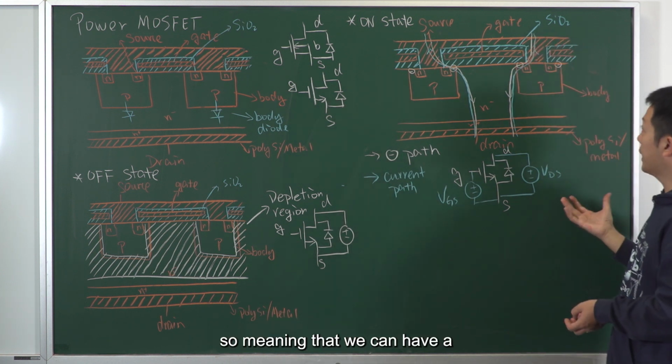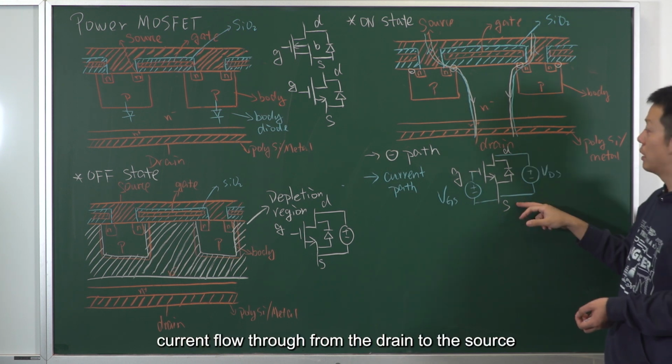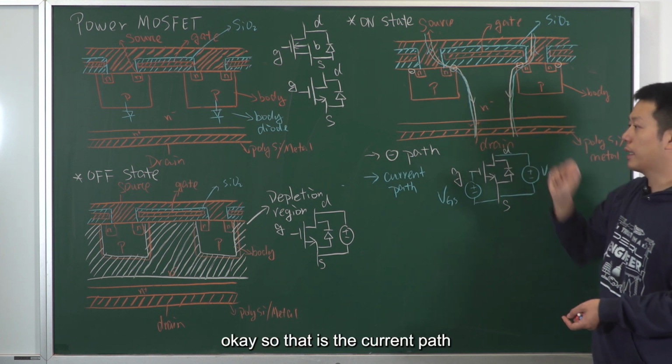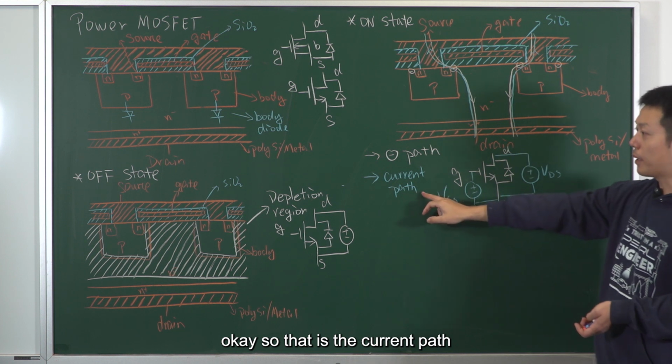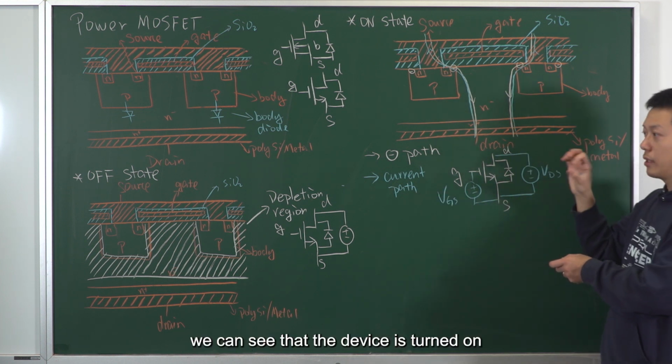So meaning that we can have a current flow from the drain to the source across this MOSFET channel. Okay, so that is the current path. We can see that the device is turned on.